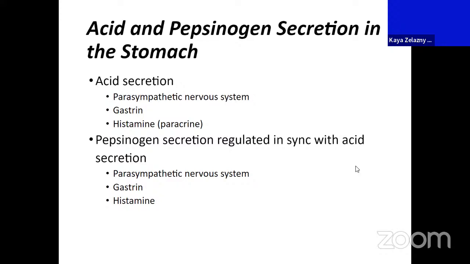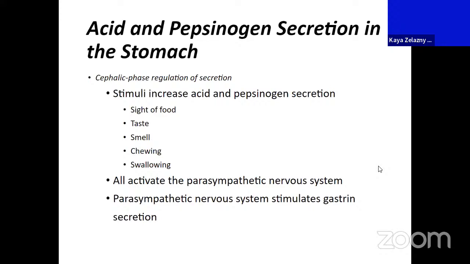We see the same kind of signals for the secretion of pepsinogen as we do for acid. We're going to see activation of the parasympathetic nervous system, our hormone gastrin, and some local effects from histamine potentially. So in terms of what's going on to make these things happen, from the cephalic phase, the signals from the head, we saw food, we tasted food, we smelled the food, we chewed the food, even swallowing the food.